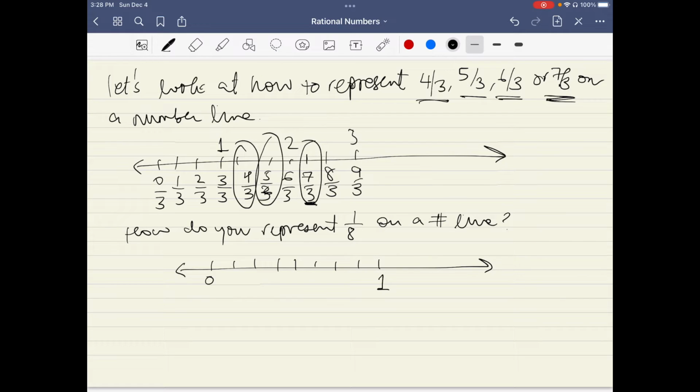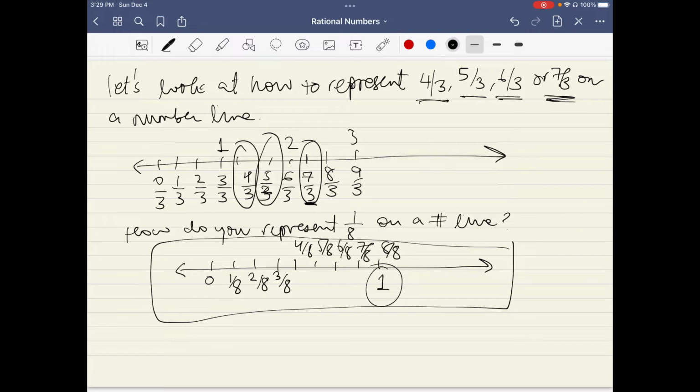And now we can use 1/8 as the name of the first point of this division, and 2/8 as the name of the second point of this division, and 3/8 as the name of the third point of division, and so on. So this will be 4/8, 5/8, 6/8, 7/8, and 8/8, which is 1. Therefore, this is what our number line ends up looking like, and this is 1/8.